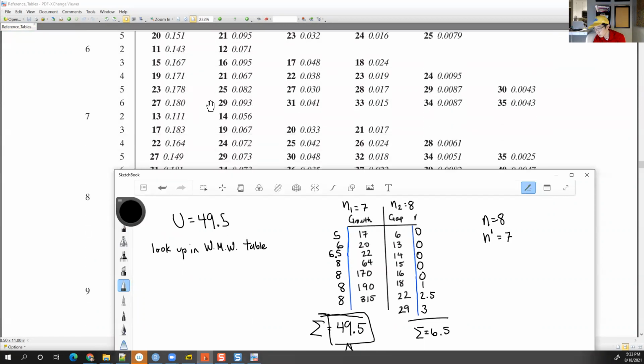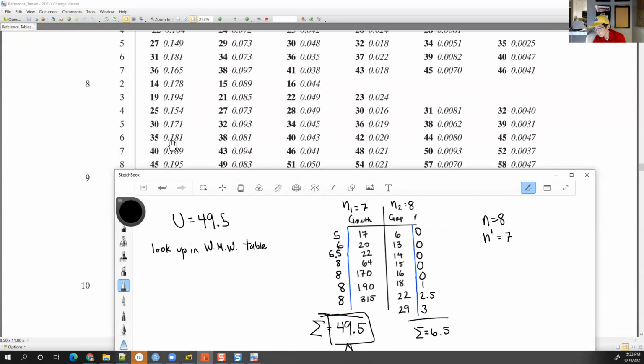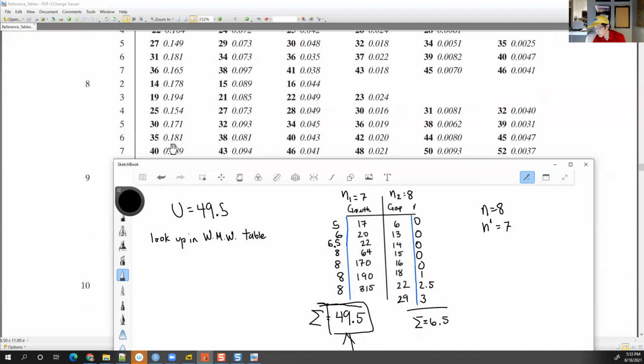So I'm going to go down to the row where n is 8, n prime is 7. This is the row I'm in, and we're going to look up this number 49.5. The numbers in bold are the test statistics. So if we got 48, our p-value would be 0.021. If we got 50, our p-value would be 0.0093. But we have 49.5, so it's not one of the values exactly.